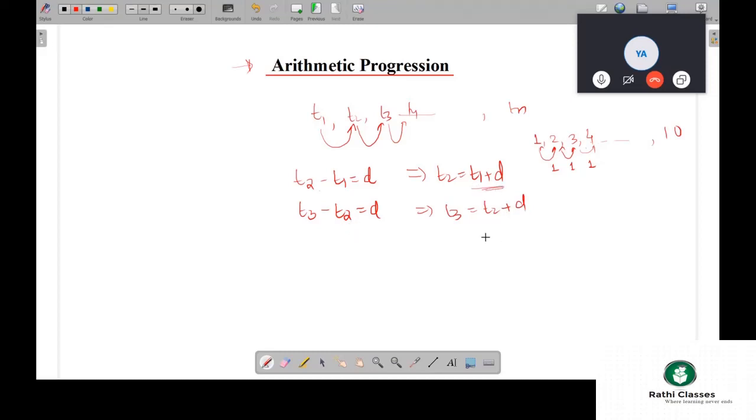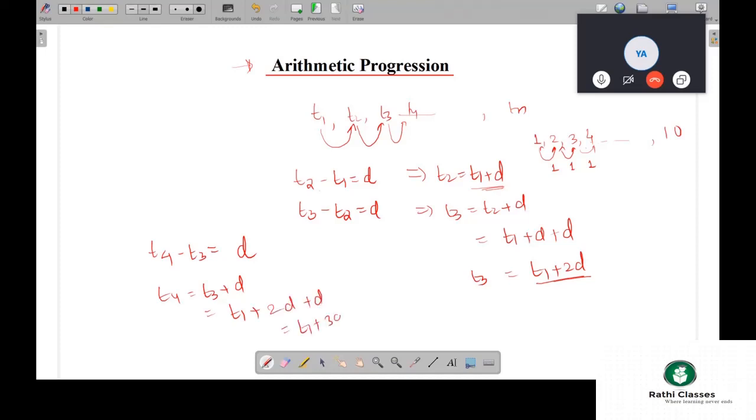T2 is T1 plus D, so T3 will be T1 plus 2D. Similarly, T4 minus T3 is also equal to D, so T4 is T3 plus D, that is T1 plus 2D plus D, equal to T1 plus 3D.